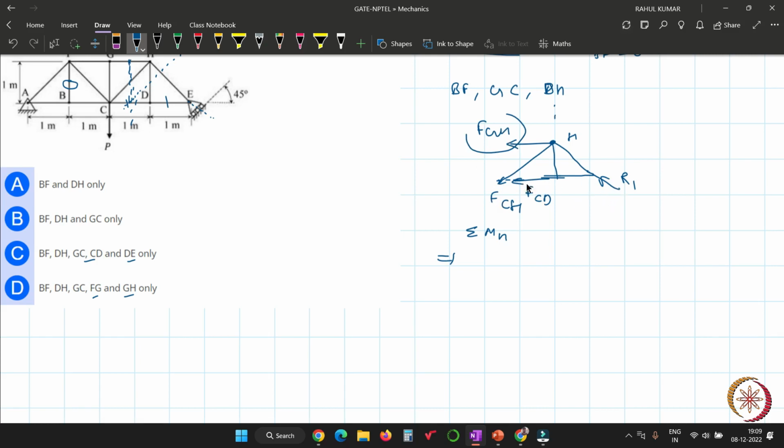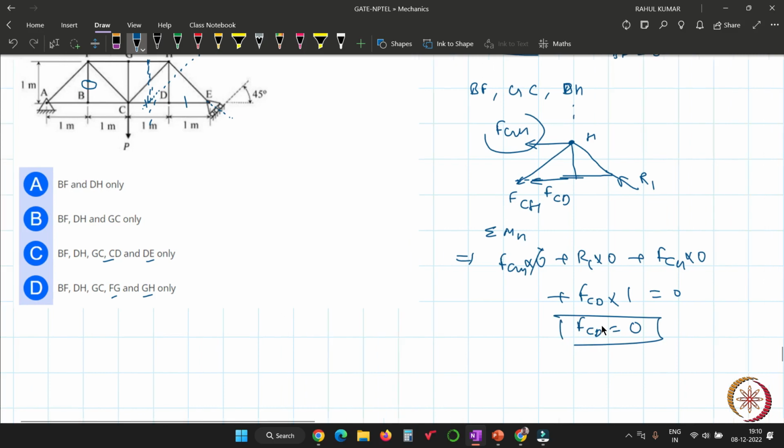But the moment contribution by this force is not equal to 0, because there is a perpendicular distance. So FGH into 0 plus R1 into 0 plus FCH into 0 plus FCD into, suppose the distance is already given, that is 1. So FCD equals 0.